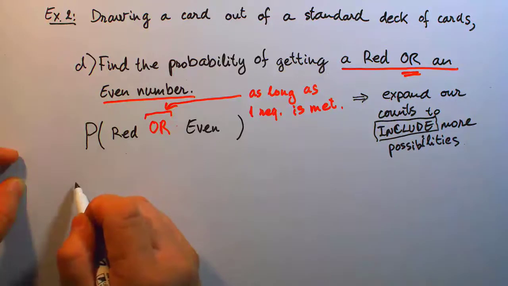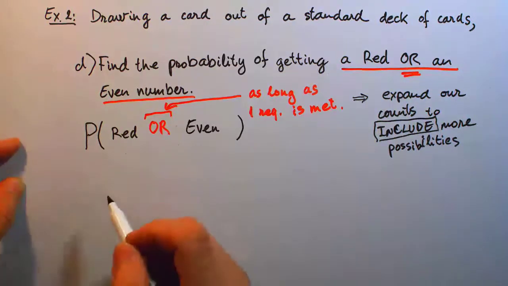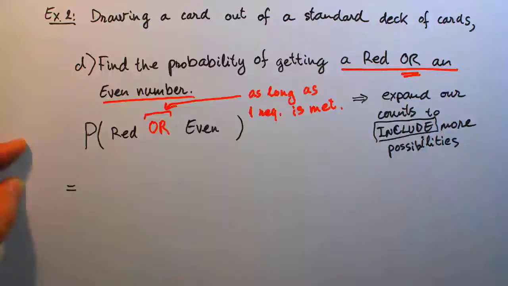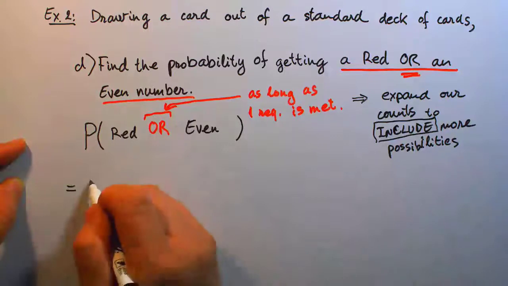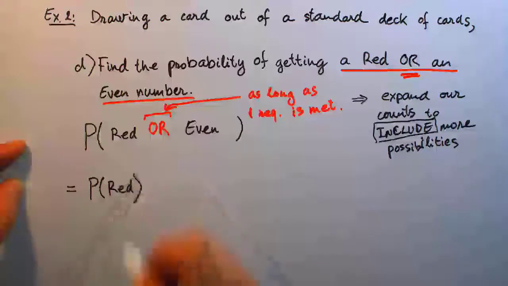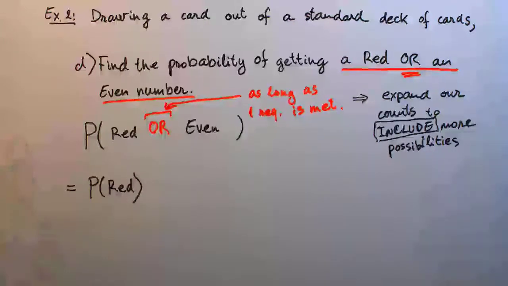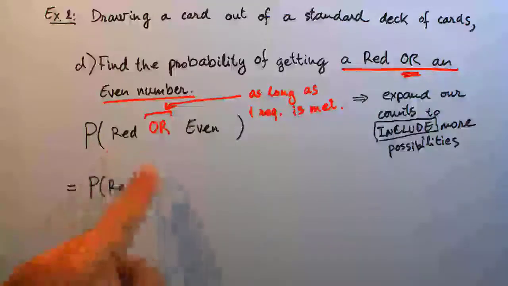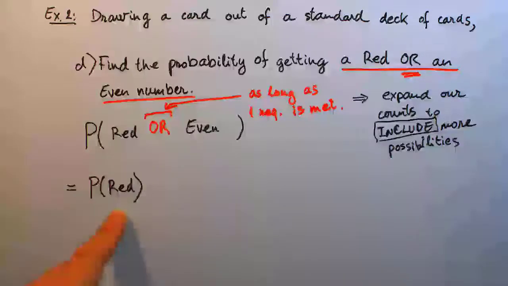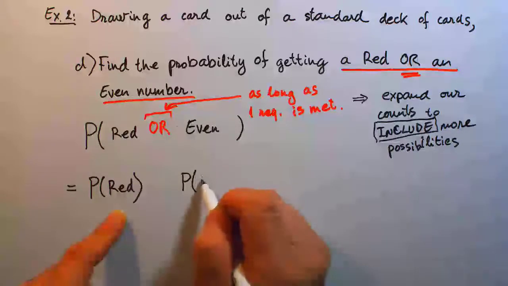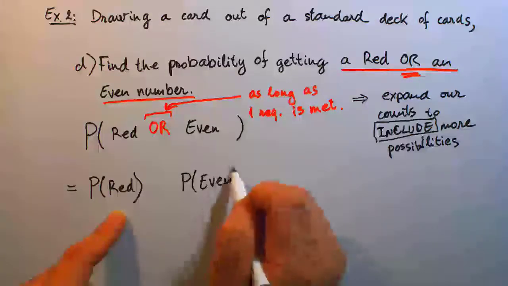And so logically it makes perfect sense, and don't worry about formulas or anything like that. We're actually trying to recognize the formulas on our own here. So what makes sense here is, why don't we just find separately the probability for red? Because like I said, as long as one requirement is met, why not just start out looking for red or looking for even first? Look for one of them, and include looking for the other event.